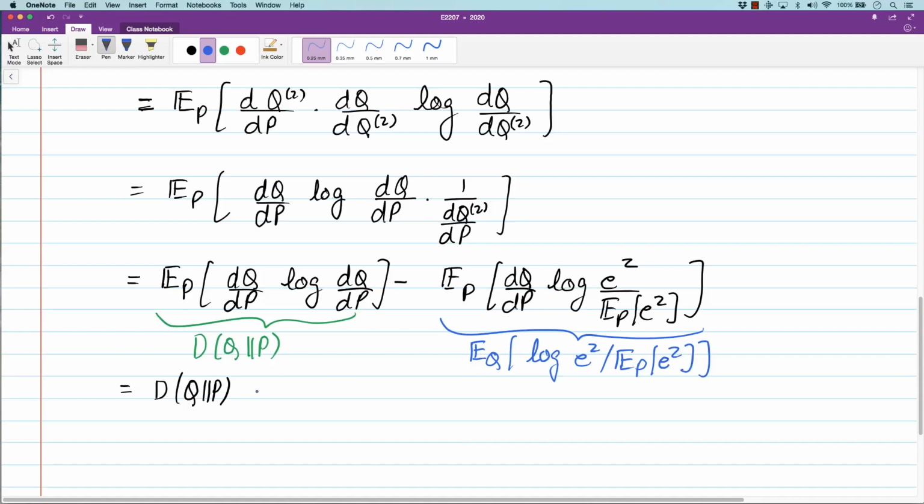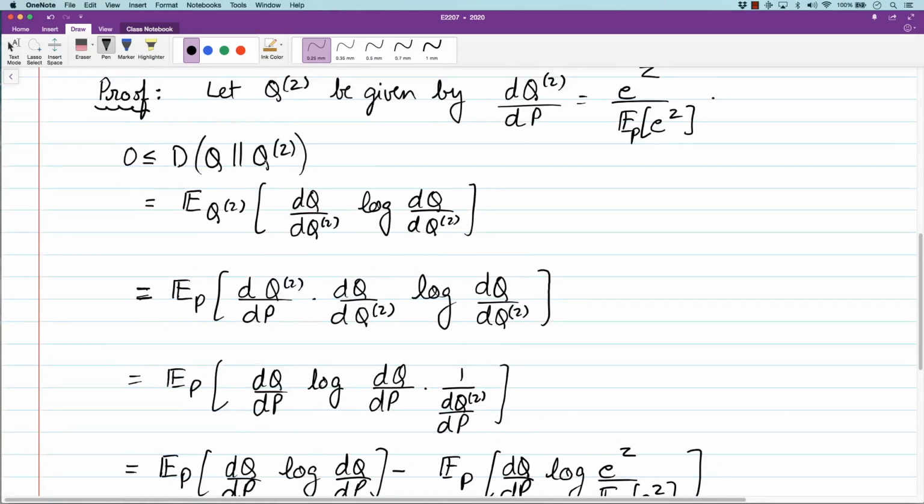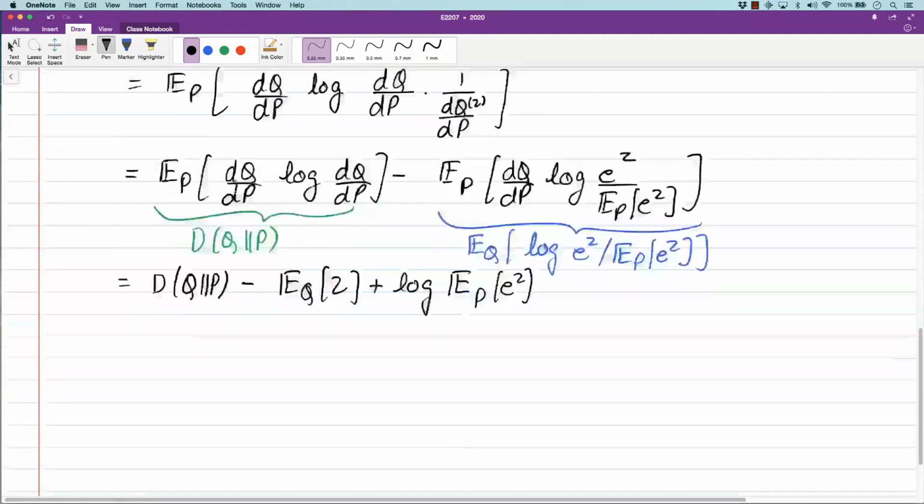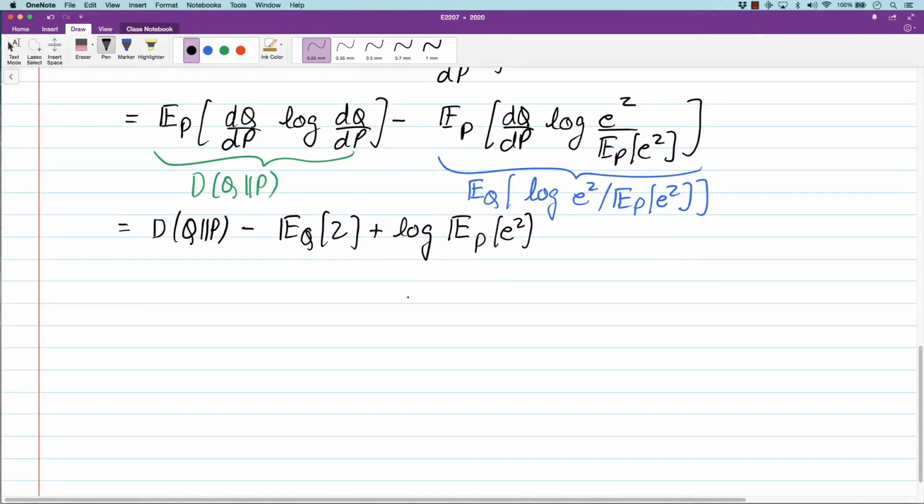So this is minus expected value with respect to q of z, and then plus log of expected value with respect to p of e to the power z. Okay, that's the inequality we get. We get that this whole thing here is non-negative.